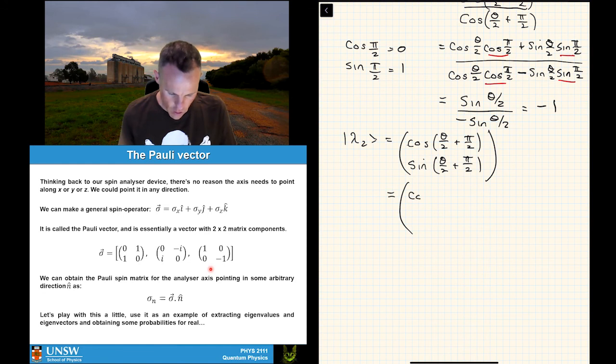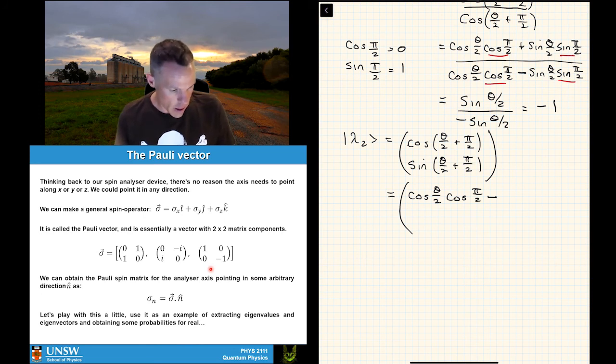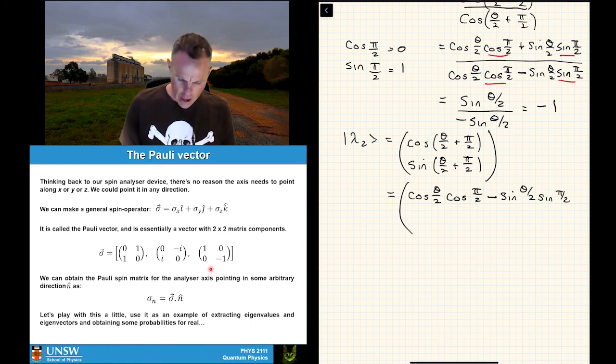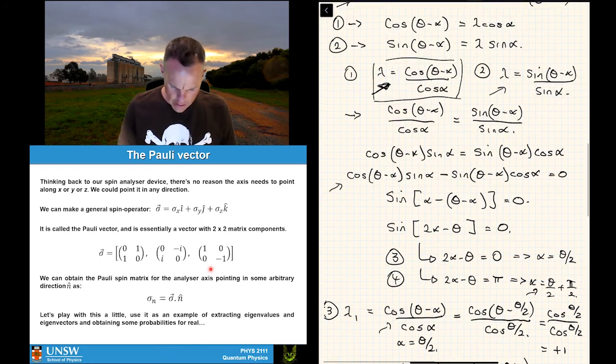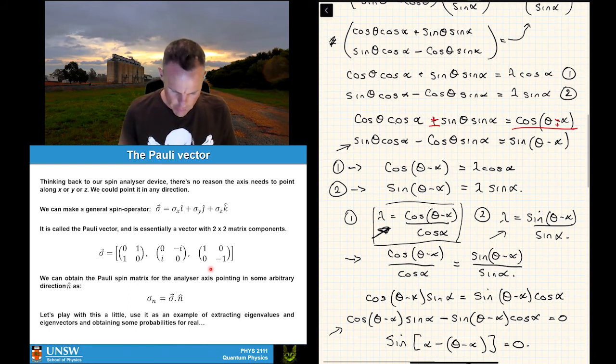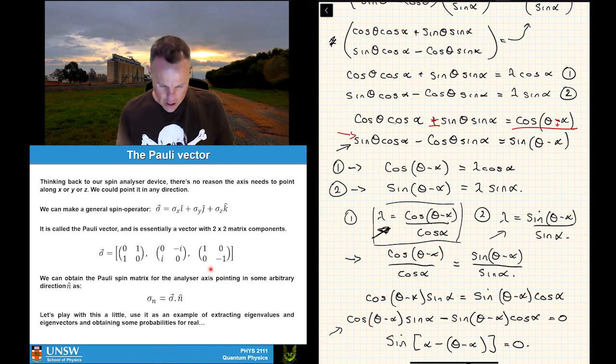So this would now be cos theta on 2 cos pi on 2 minus sine theta on 2 sine pi on 2 for the top term. And then for the bottom one, we've got to come back and use this second term just here. And we know that if we got a minus sign on this side, we get a minus sign over here. And if we've got a plus sign in here, we get a plus sign in here.